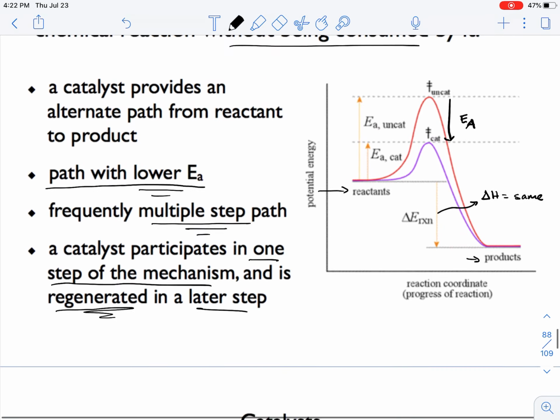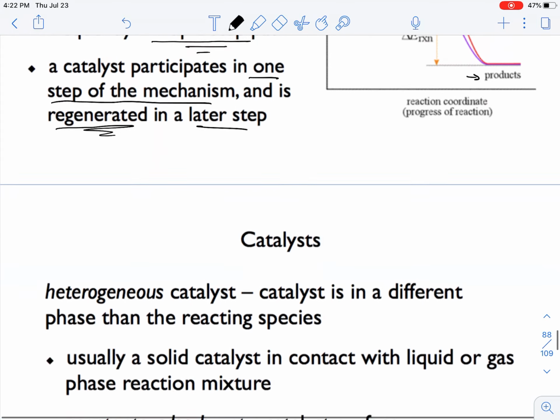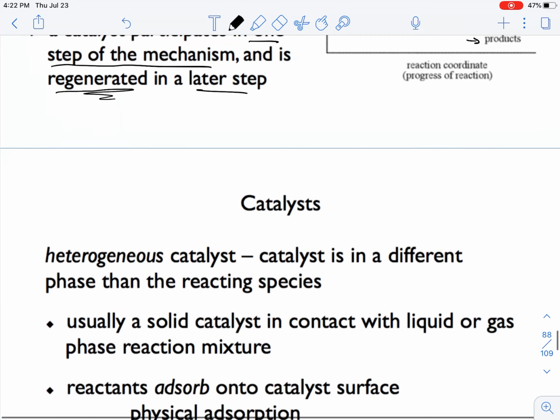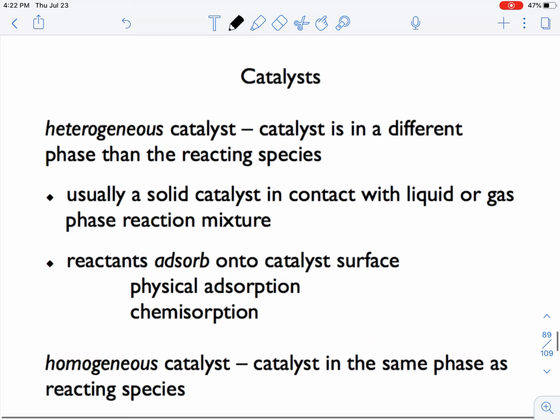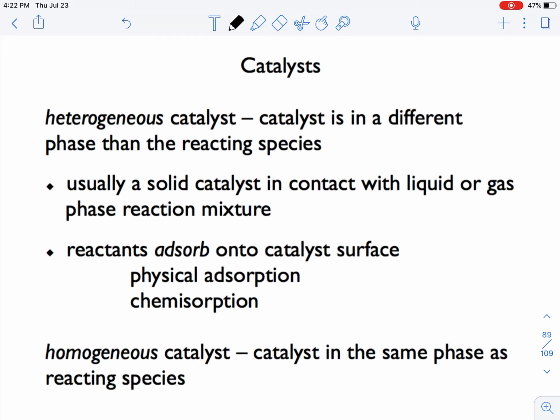Overall, there are two types of catalyst: a heterogeneous catalyst and a homogeneous catalyst. A heterogeneous catalyst is basically a catalyst that's in a different phase than the reacting species.